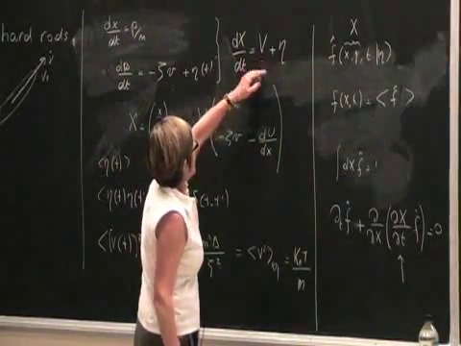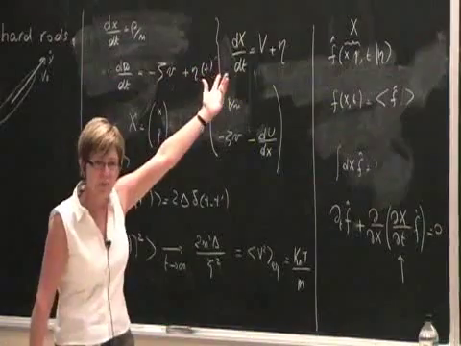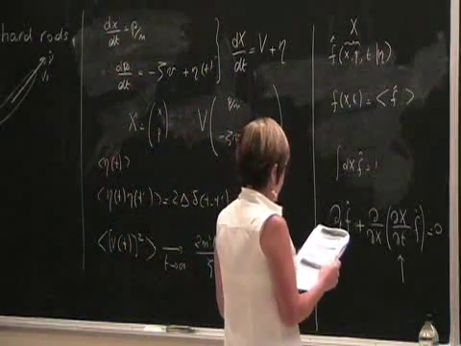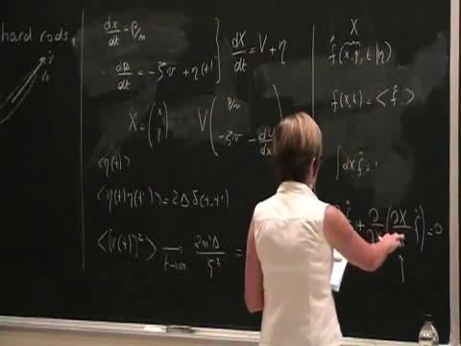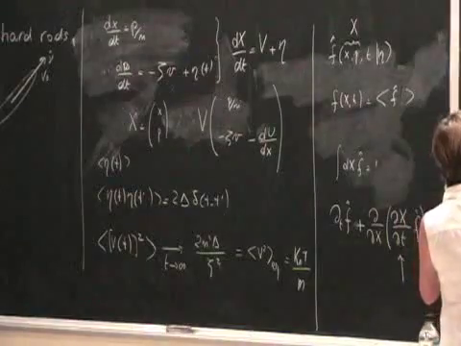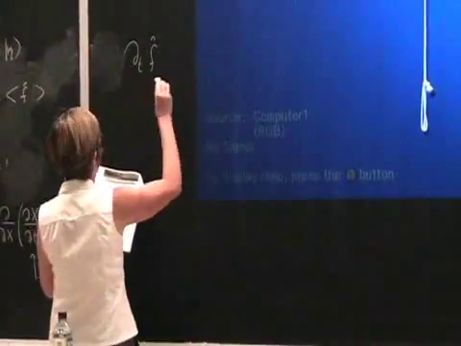And clearly eta is, I don't have space to write, but there's no noise on the position, and there's only noise on the velocity. Okay, so if I do all of this, I then can insert that into this equation. And I'll get the following equation for this quantity f hat, still not noise averaged.